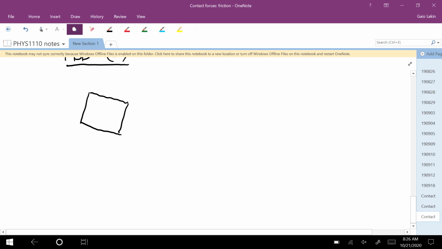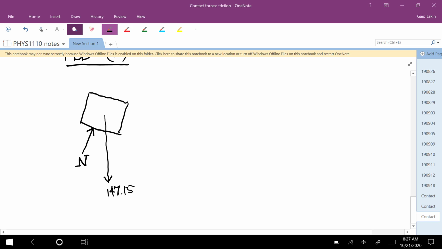Okay, there's the box. Like always, there's a weight force that just acts straight down. That's 15 times 9.81, so 147.15 newtons. And at the bottom, there's a pushing force from the surface that's perpendicular to the surface, so it's at an angle, not quite straight up. And we're going to call this N for normal force.